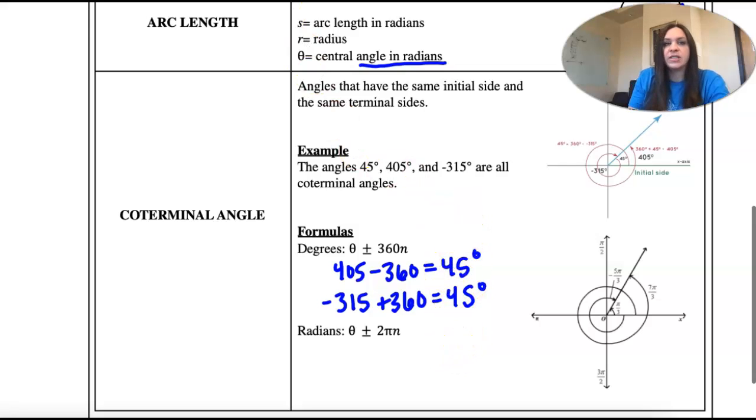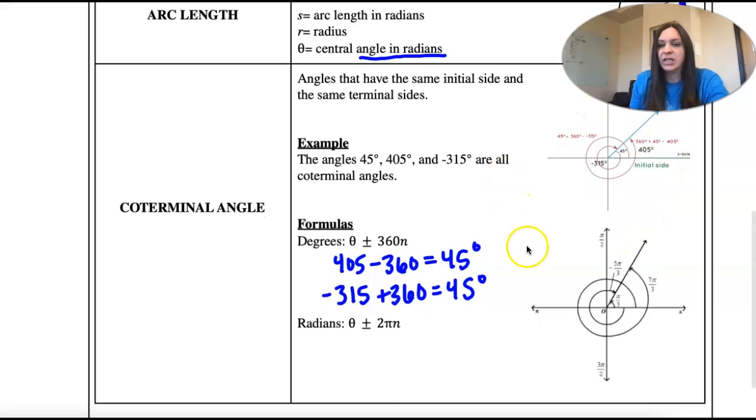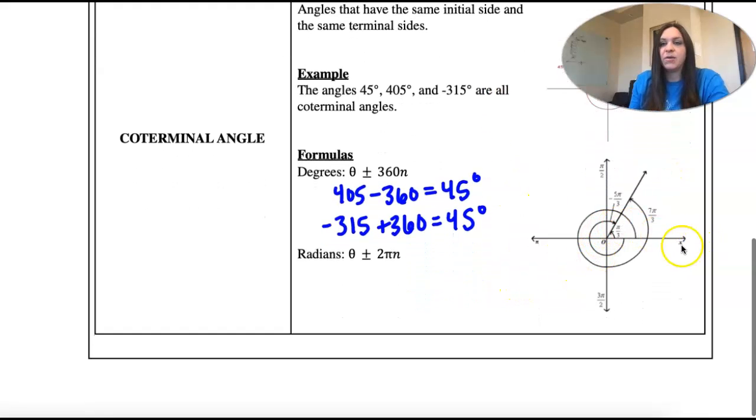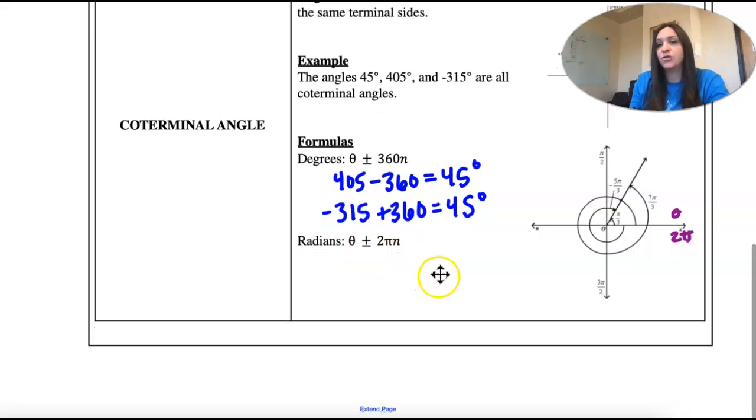So it's just how we convert to angles between 0 and 360, and then in radians, how we convert between 0 and 2 pi. So for radians, we add or subtract 2 pi, because that's the full rotation. That's equal to 360 degrees.